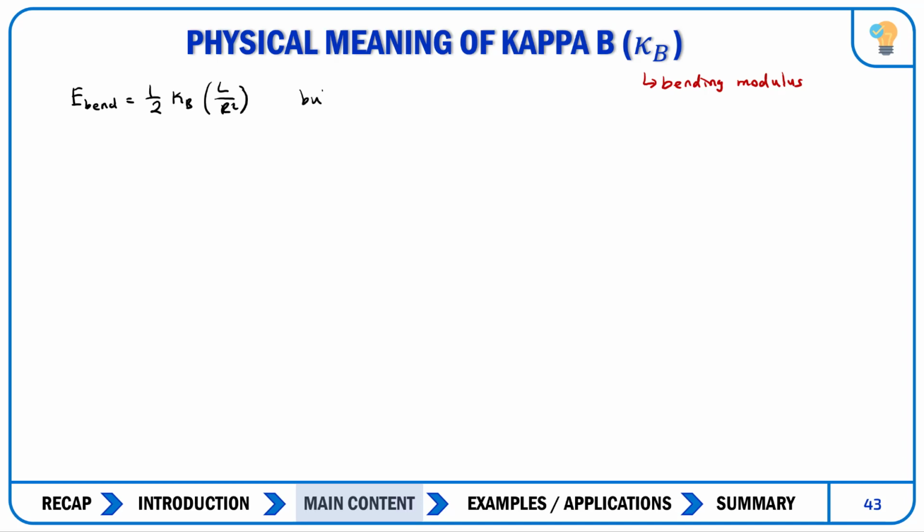But from before, we also had theta being equal to L over R. So E bend could technically be rewritten as kappa B over 2 times theta squared over L, which is equal to kappa B over 2 theta over R, depending on how you want to substitute that theta and what you want to cross out.